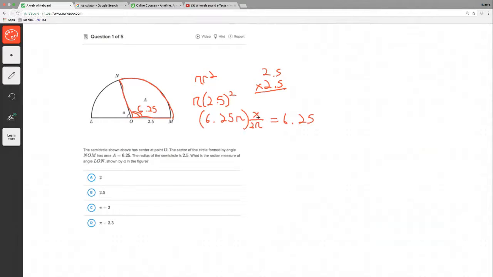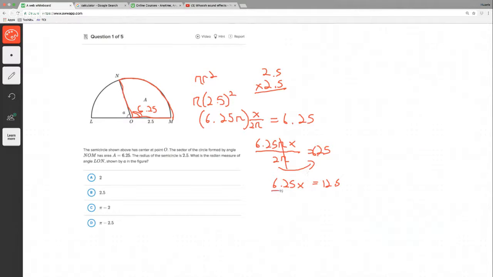Now let's isolate this a little more. If we multiply this across, it becomes 6.25 pi x over 2 pi equals 6.25, and then the pi crosses off. Then we have 6.25x, and we can multiply 2 across, so 6.25x equals 12.5.